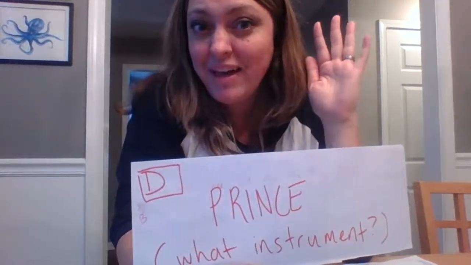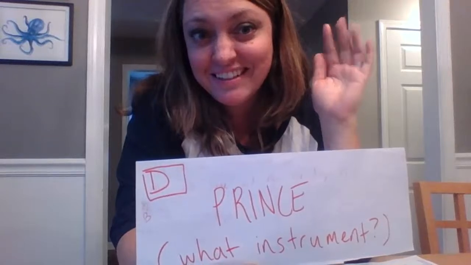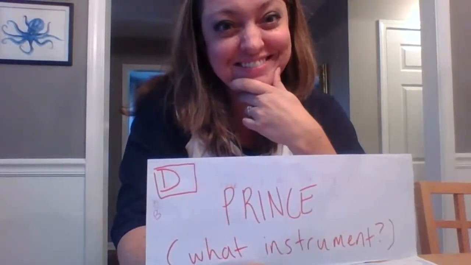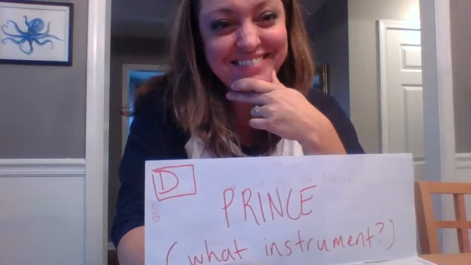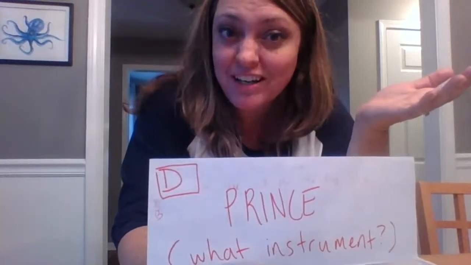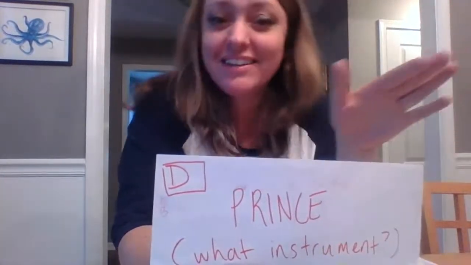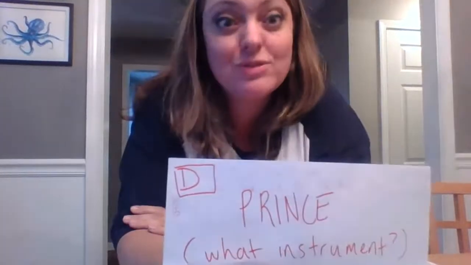Can you hear the main melody? And tell me what instrument it is. In the story, this is where the prince does his dance. The instrument is a trumpet.